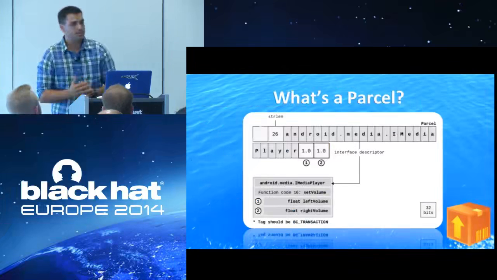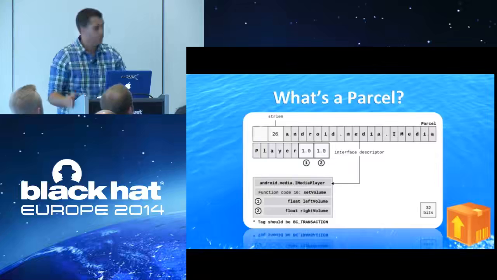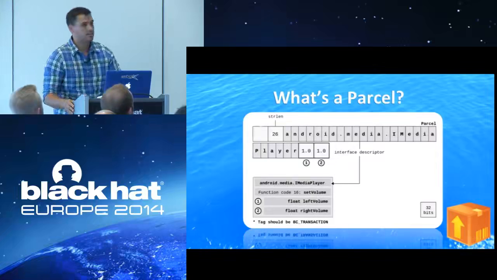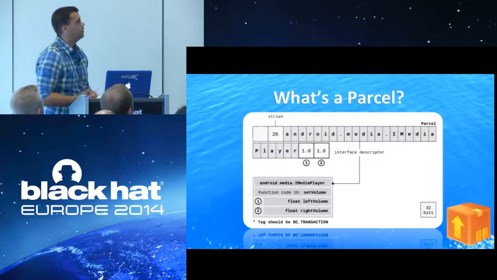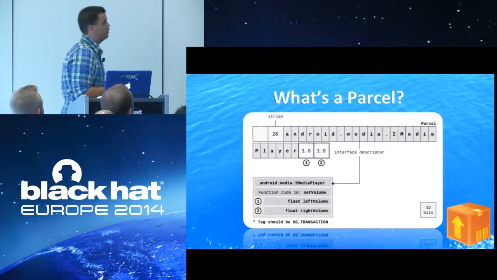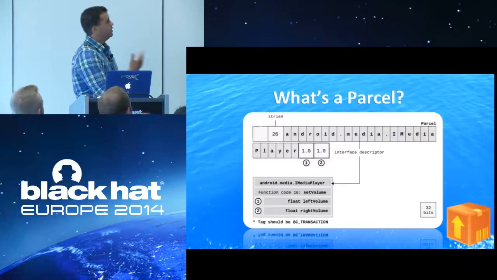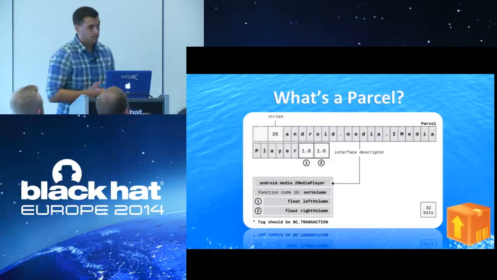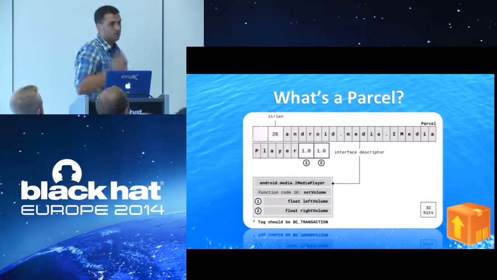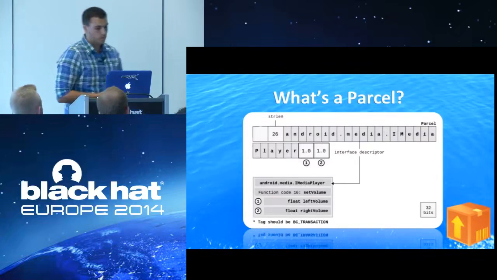Now the parcel is basically a flexible, extendable data object that will have all the information that we need in order to invoke the remote procedure call. So the first thing is we're going to have the destination. As you can see right here, the destination this time is a media player. So we're going to have a string for where we're supposed to go. After that, we're going to have the function code.